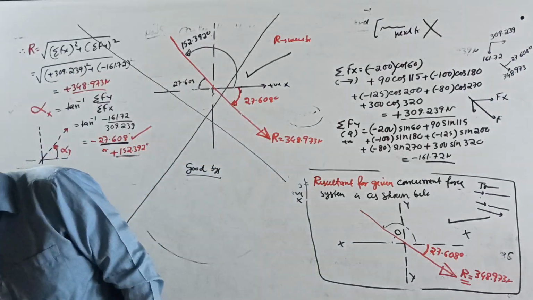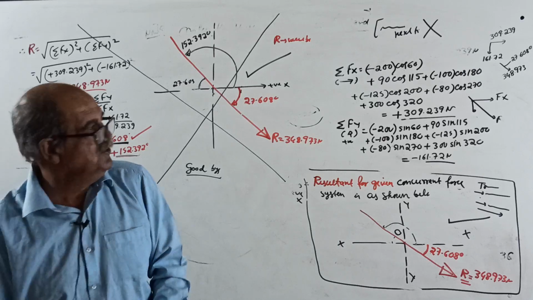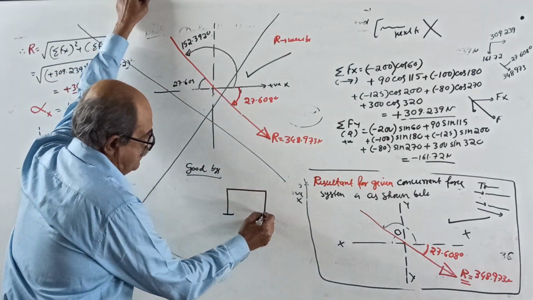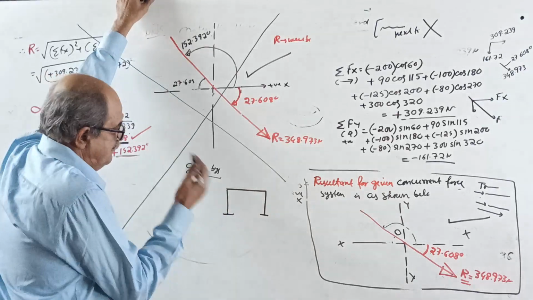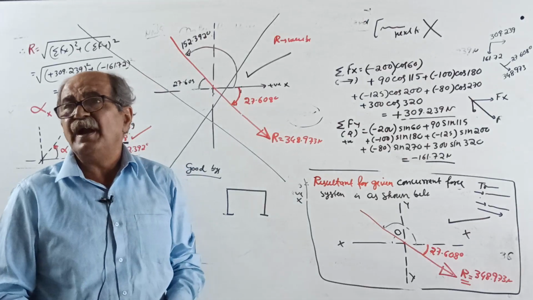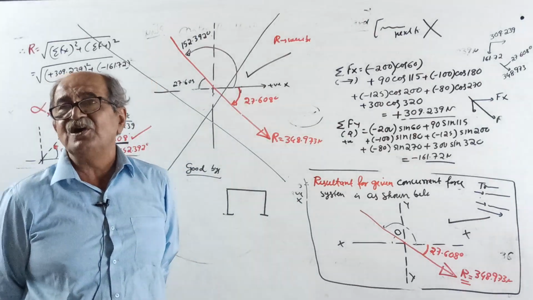If you got the capacity, I will tell you, sometimes you give me a portal frame with some loading, non-sway and sway both required. How much time do you require for solving? Sir, around half an hour, 45 minutes, fast if I do.